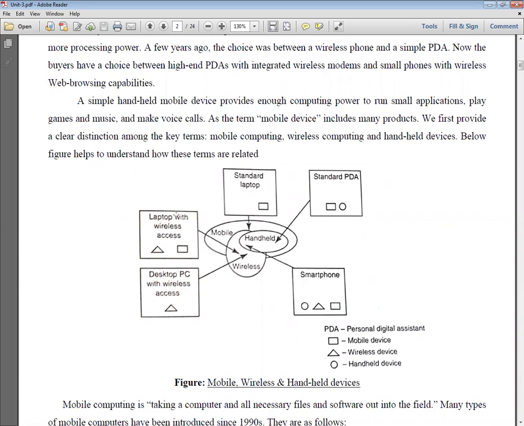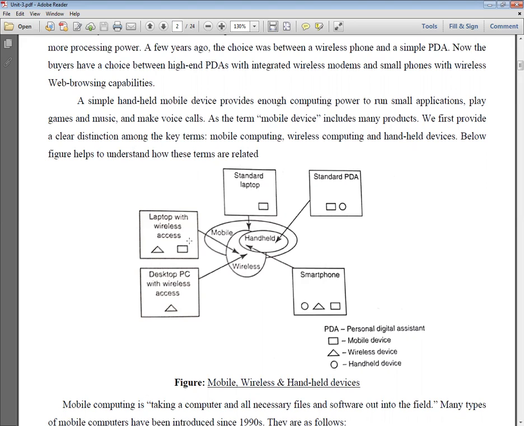See here, laptop with wireless access. Laptop with wireless access can be done by using two devices called mobile device and also wireless device. Suppose a laptop has wireless access, it can be used either as a mobile device as well as a wireless instrument also.